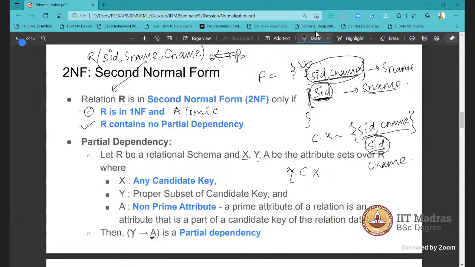For that we make it the candidate key, right? If we make this the candidate key, it does not violate the second normal form. For that we make another table R1, and we keep SID and SNAME, right? And this contains the functional dependency SID.